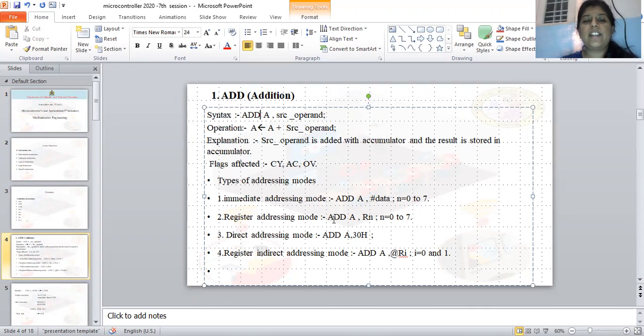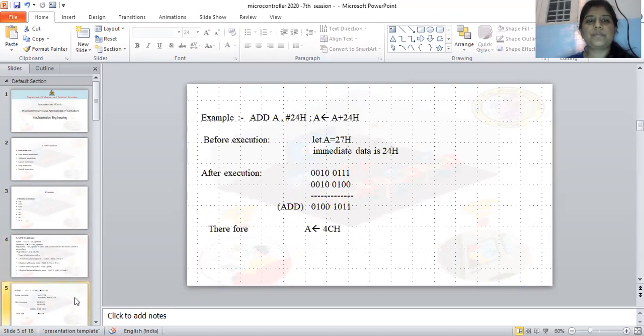Third one is direct addressing mode. Example is ADD A, 30h. For register indirect addressing mode, ADD A, @Ri, where i is equal to 0 and 1.